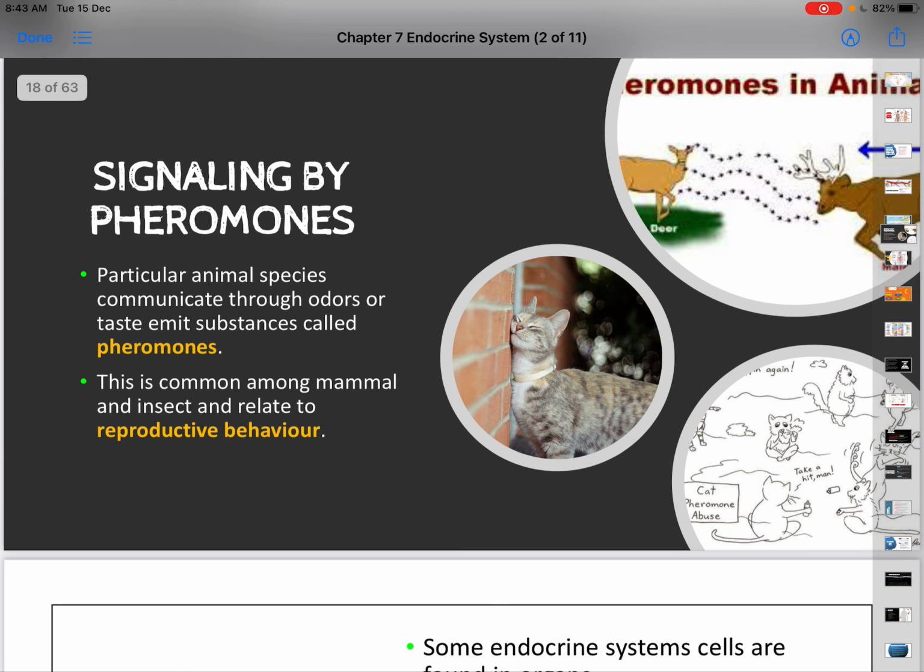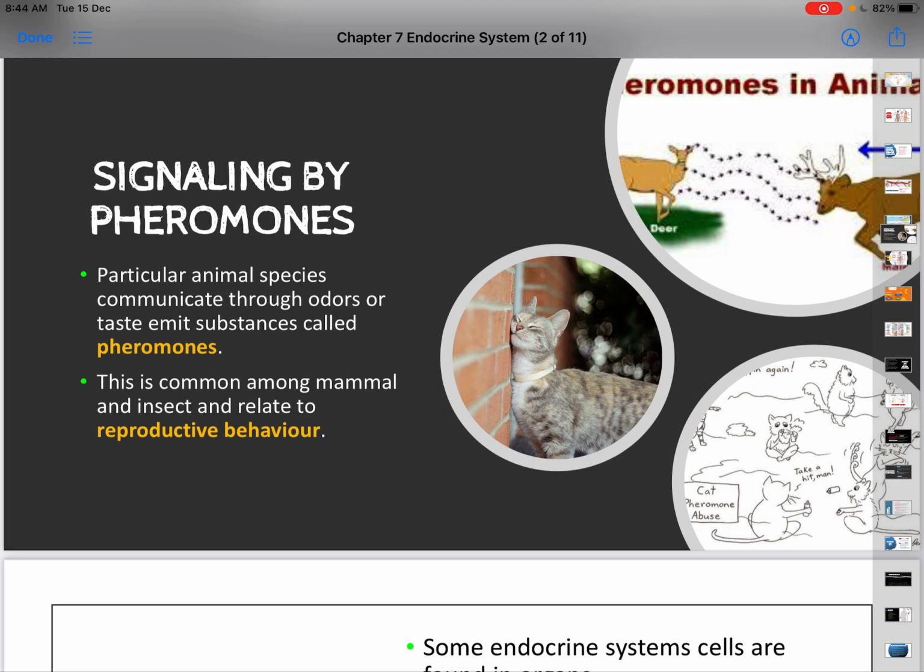Okay, the last signaling is by pheromones. I know that you have heard of pheromones. Pheromones are actually an odor or taste that is emitted from a particular animal species. So this chemical we call pheromones.